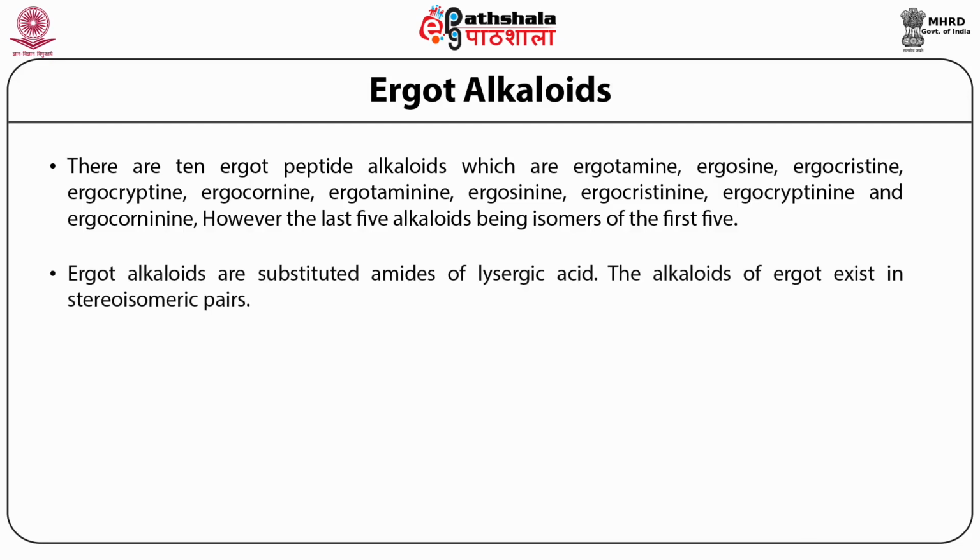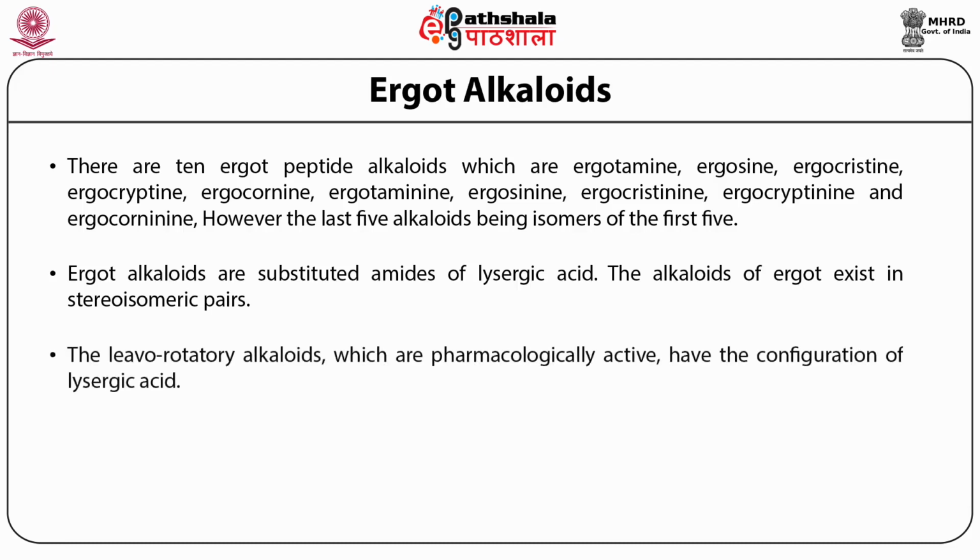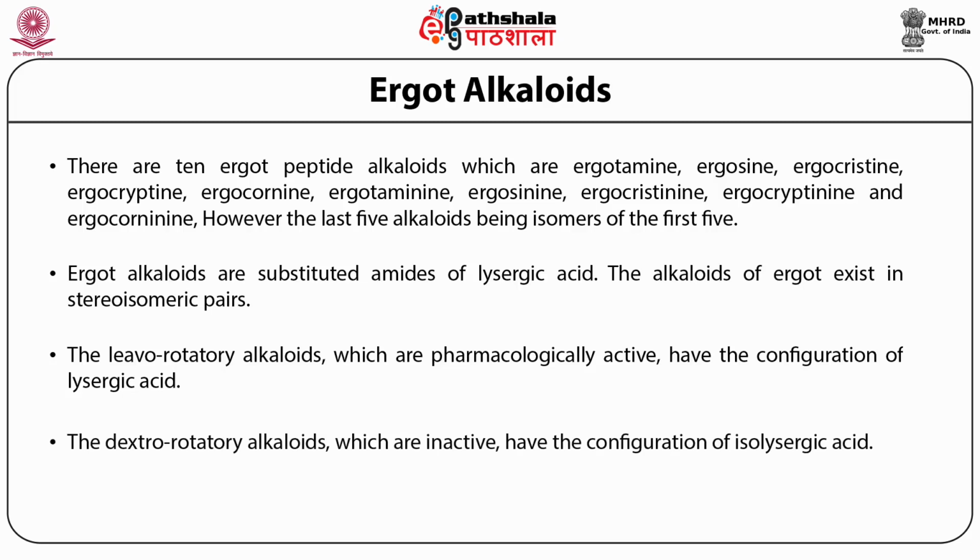Ergot alkaloids are substituted amides of lysergic acid. So alkaloids of ergot exist in stereoisomeric pairs, as I told you earlier. The levorotatory alkaloids are pharmacologically active and they have configuration of lysergic acid, while dextrorotatory alkaloids, which are inactive, have the configuration of isolysergic acid.